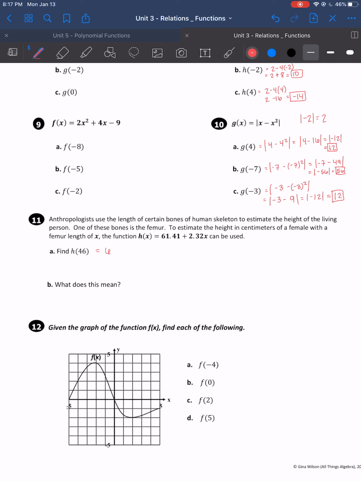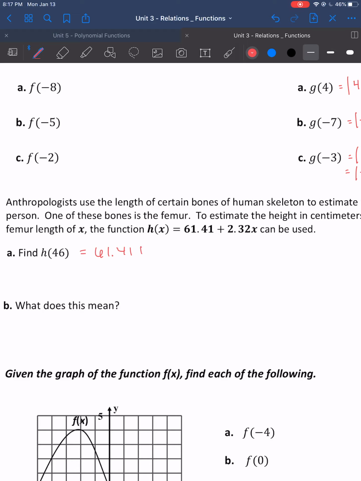So 61.41, let's zoom in a little, plus 2.32 times 46. 2.32 times 46 is 106.72. And then I'm going to add 61.41 to it. When I do that, I get 168.13.